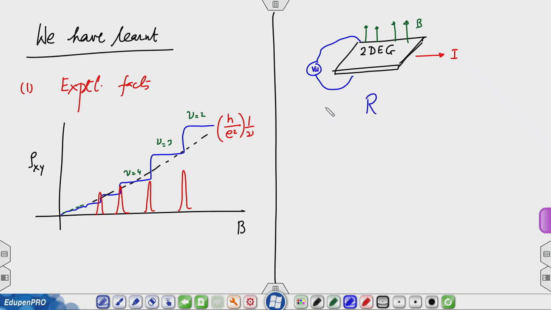And Hall resistance R equals V Hall over I.